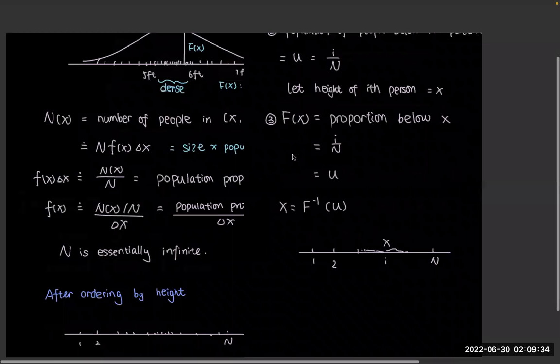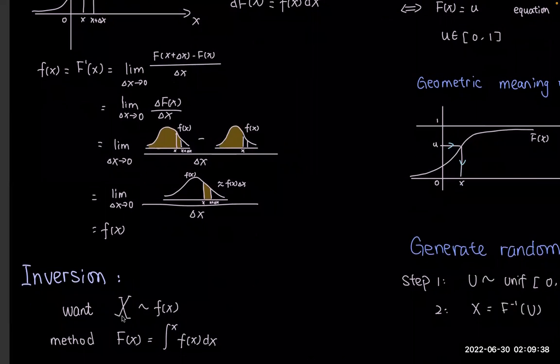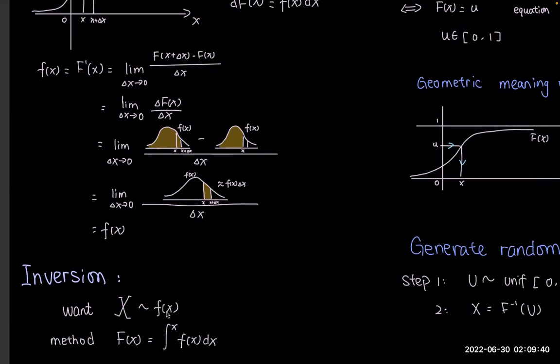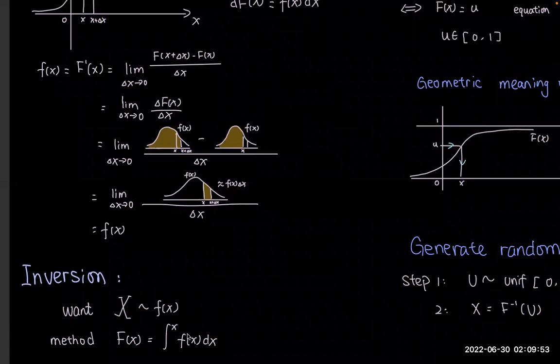Last time we introduced the inversion method. That is, we want to generate this x from this density. The method is that we first compute the cumulative distribution function, big F, which is the integral from negative infinity to this endpoint x of the density, so the area under the curve to the left of this endpoint x.